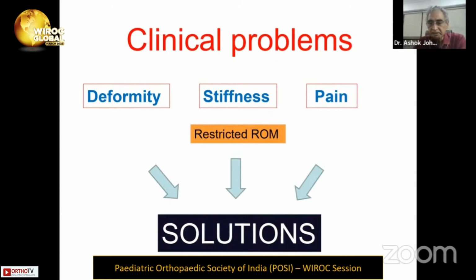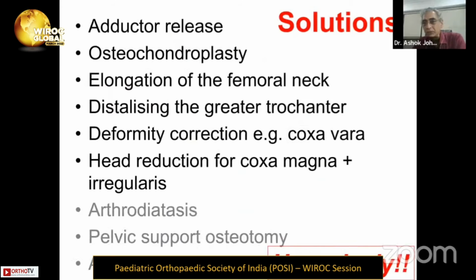And what could be the solutions? Well, there could be a number of solutions in this situation. A plain adductor release can work very well to have that femoral head well inside the joint, or osteochondroplasty is very well known, elongation of the femoral neck where you have a coxa breva, distalizing the greater trochanter where you have a so-called trochanteric overgrowth.